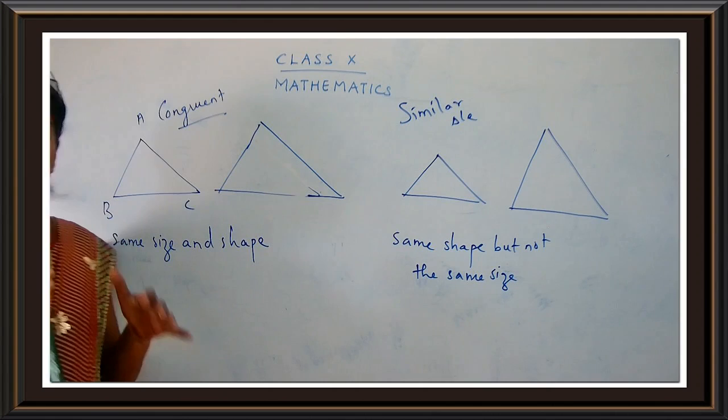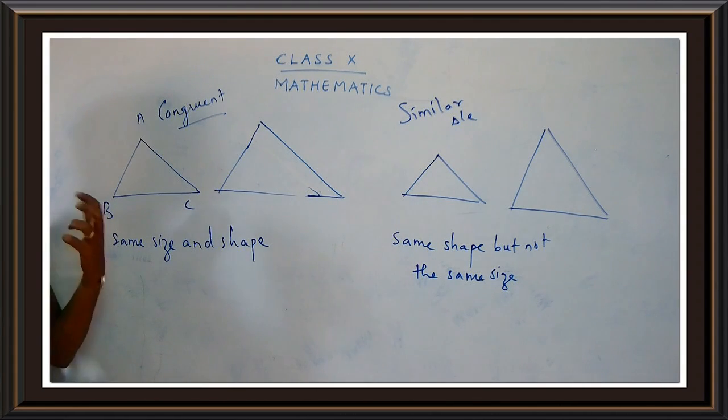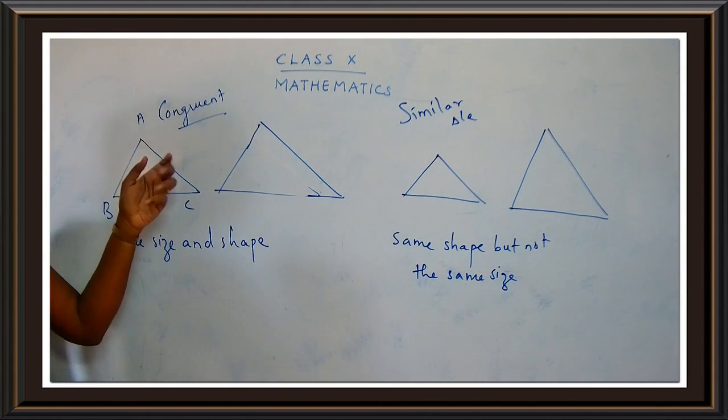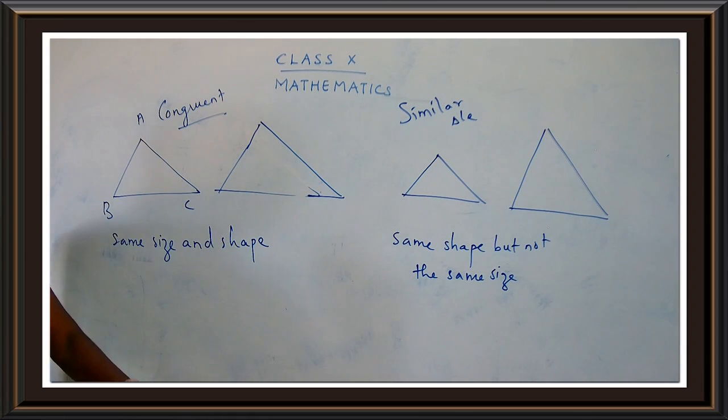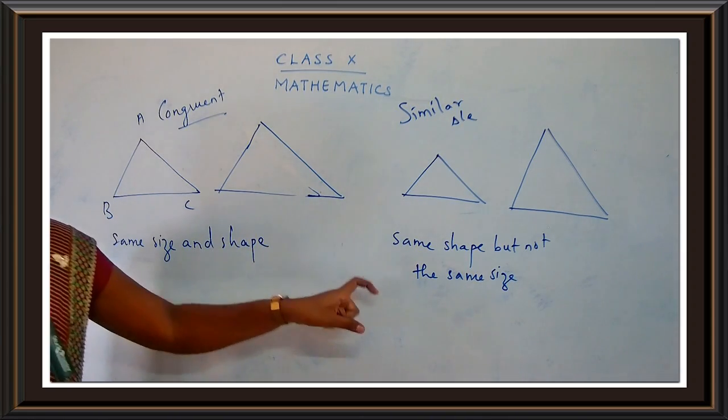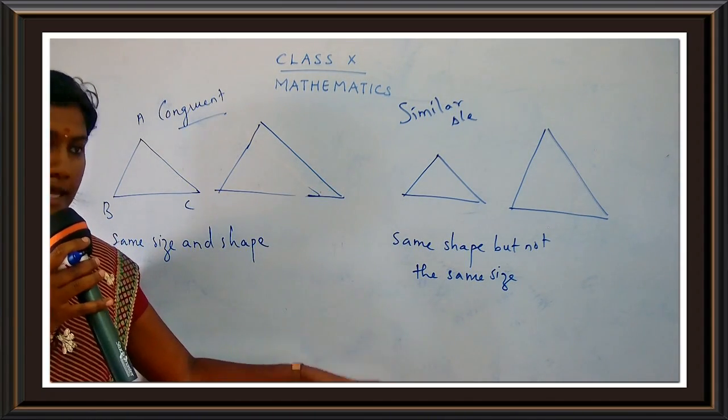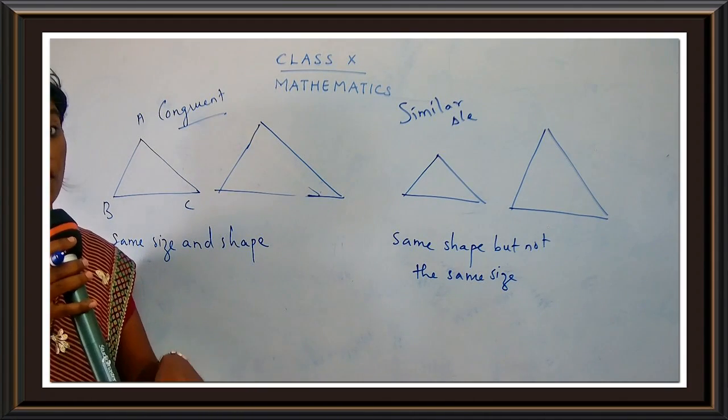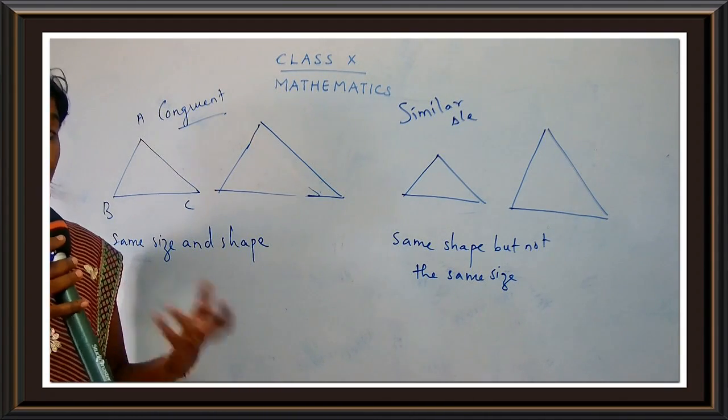Till your lower classes, you have dealt with congruent triangles. So we are studying similar triangles over here. For congruent, same size and shape. For similar, the same shape but the size may be different.